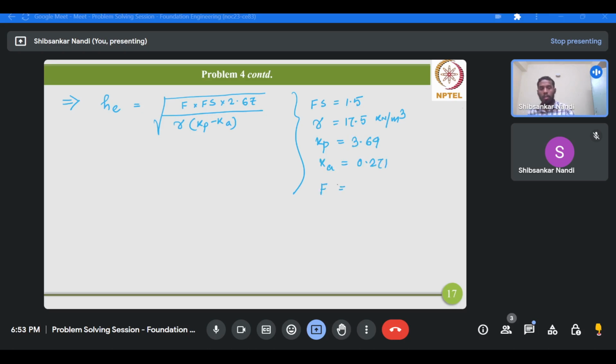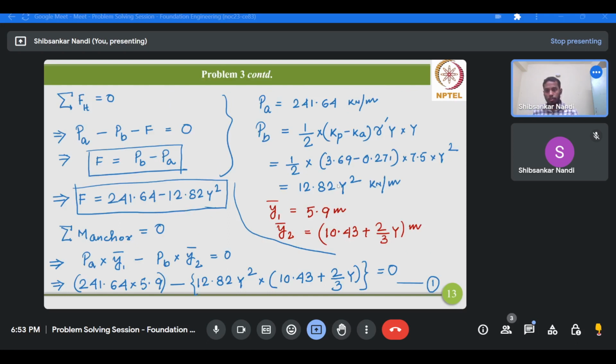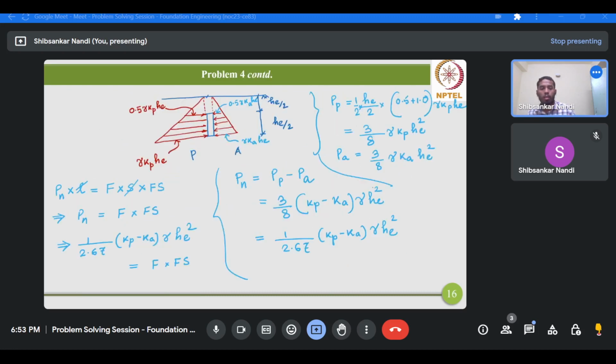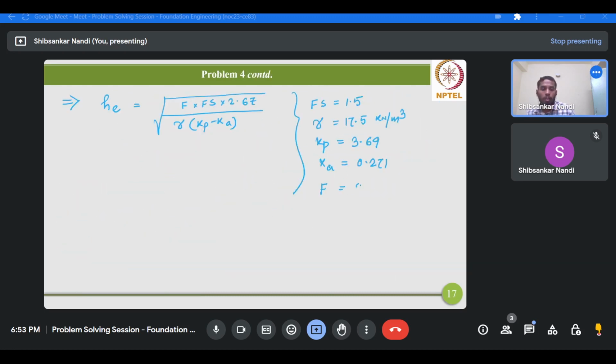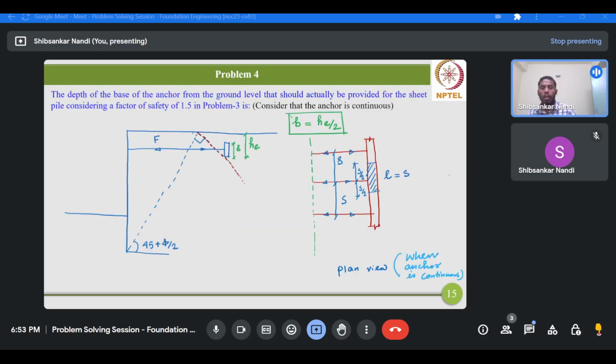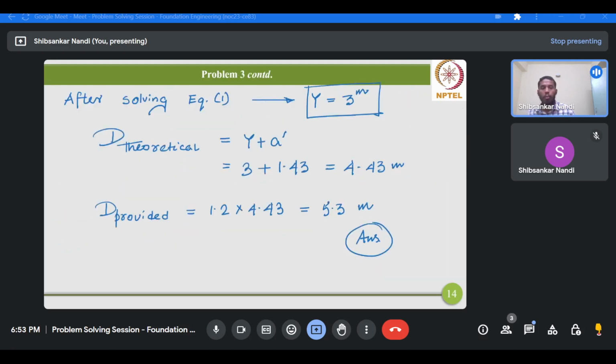Since this is a continuation of problem 3, this F value we can calculate from this equation, 241.64 minus 12.82 y square. Now y square we have calculated already. So the value of y we have calculated as 3 meters.